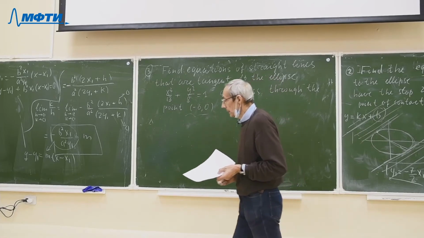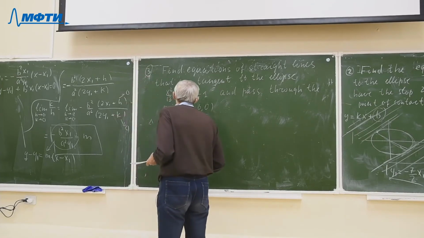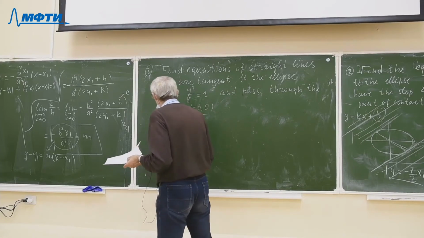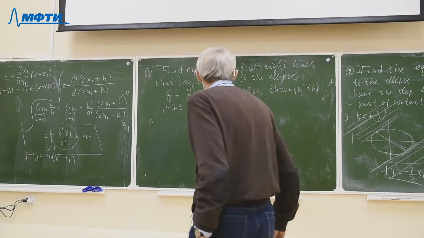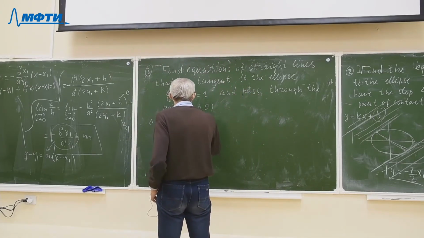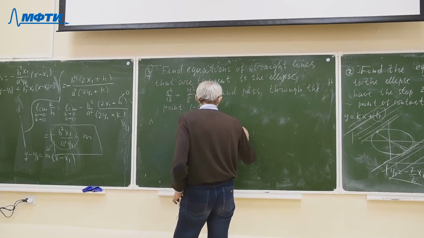We have the general equation for all tangents to our ellipse. The general form of the tangent is the following: x1 x divided by a square plus y1 y divided by b square is equal to 1.